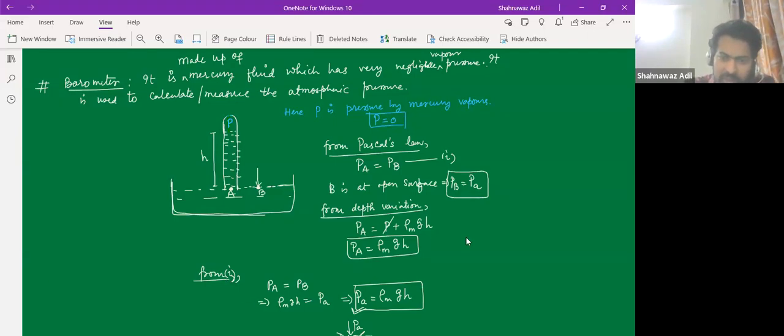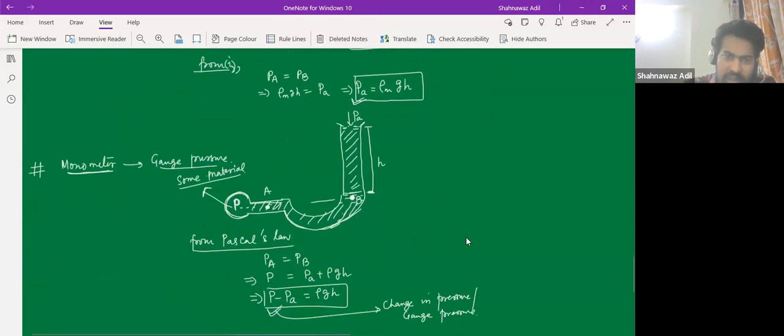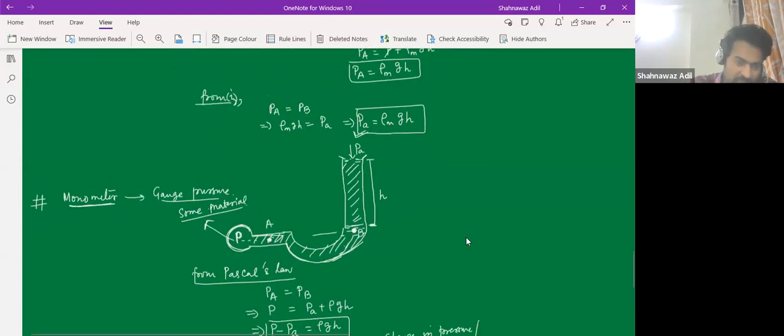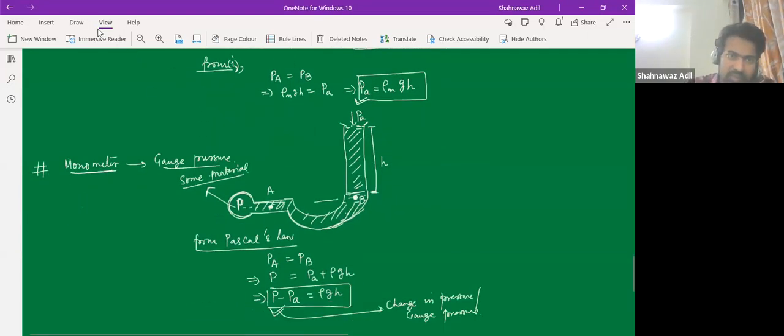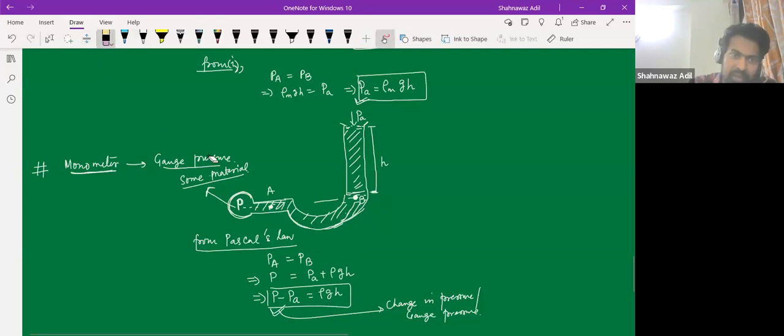Okay, so then please note down this thing, and this has a different diagram. We have this tube, and then I have this, and some air is there.